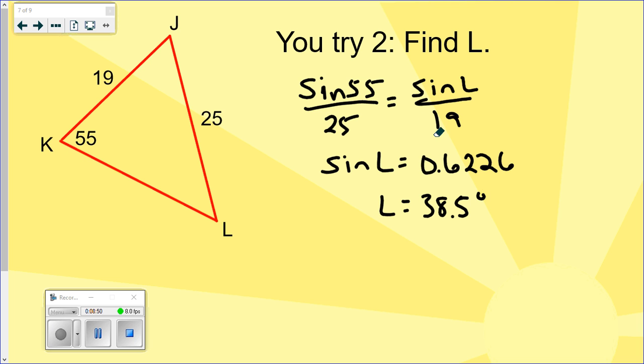Okay, so you don't have to show me the rearrangement. You do have to show me the substitution step. I don't have to see the rearrangement. However, because this step is kind of an in-between, I do want to see it. I don't need to see it, but I do want to see it. And then, of course, the final answer.